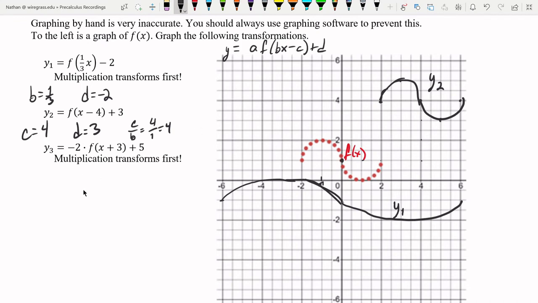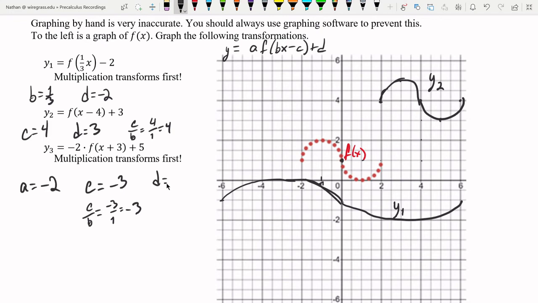Okay, finally, we have a equals -2. So we know it's going to be a flip vertically and a stretch vertically by a factor of 2. c is -3. b is 1, so c over b, -3 over 1, is just going to be -3. It's going to be shifted left 3 units.